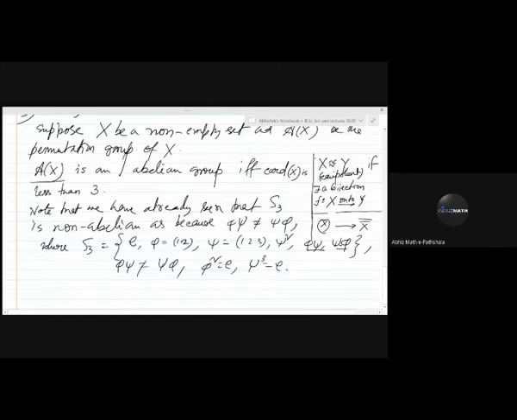So we have already seen that if the cardinality of the set is 3, then the symmetric group is non-abelian.